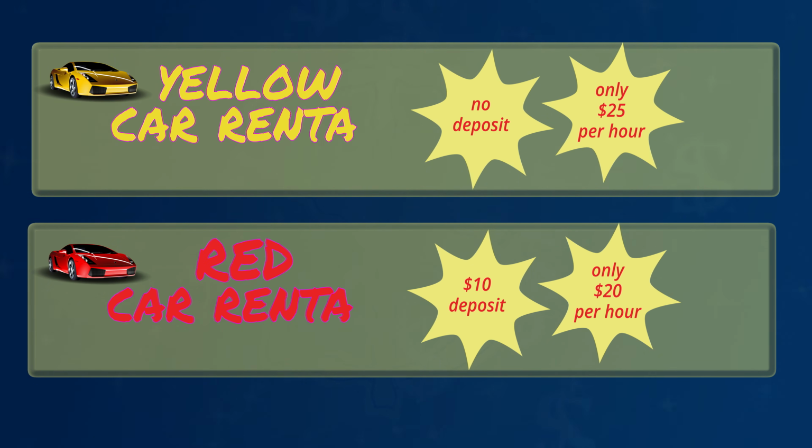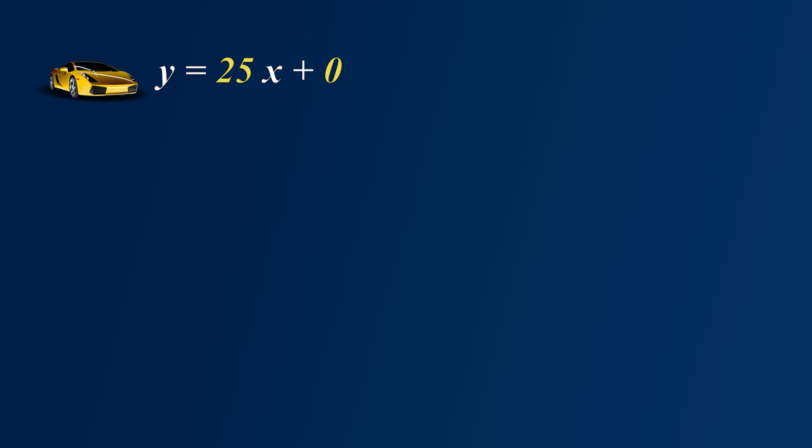In this second example, which car rental company has the better deal? What do you think? Let's use math to work it out. First, we write the two equations. X is the time in hours, y is the cost in dollars. Now, Yellow Company charges $25 per hour to rent a car, but you pay no deposit.